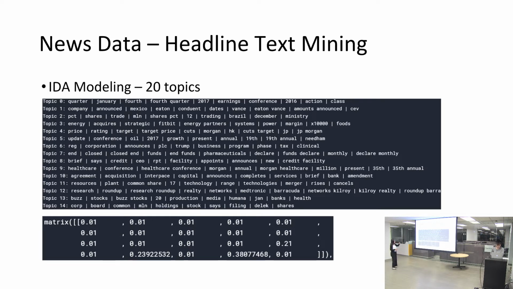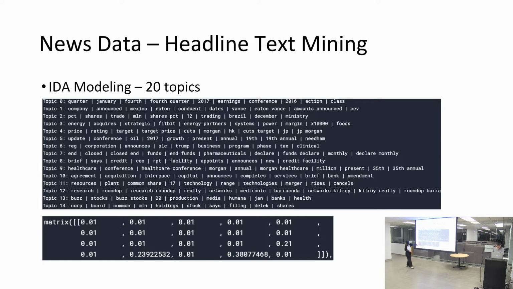So basically, we put all these headlines together and categorize them into 20 topics. There are still more topics I haven't shown here. For each topic, we assign a matrix which shows the relevance of the topic.